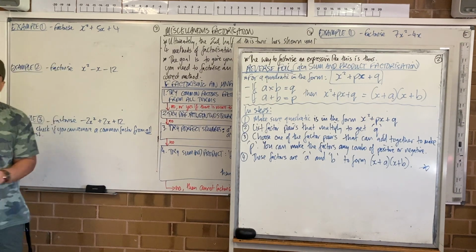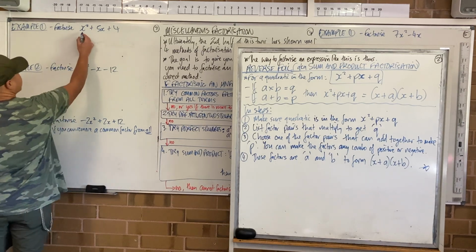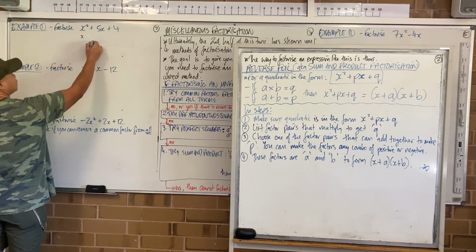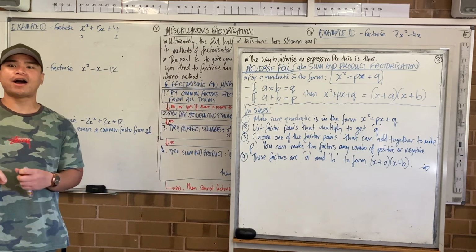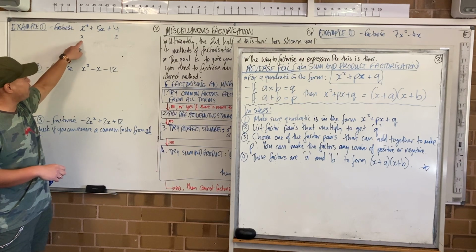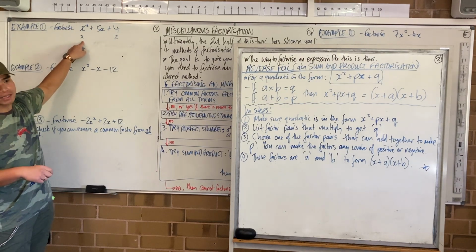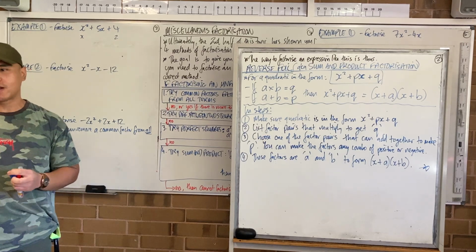I could try perfect squares. Because what do I square to get x squared? X. What do I square to get 4? 2. But then the last hurdle I fall at. 2 times x is 2x, times 2 is 4x, not 5x, so perfect squares won't work.